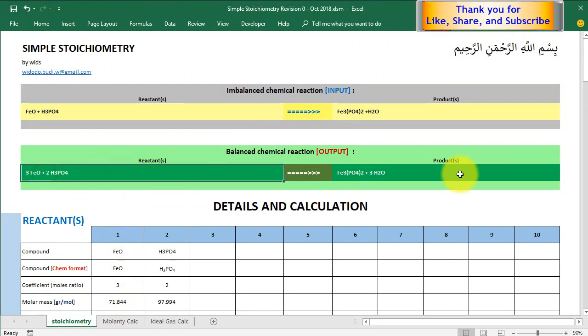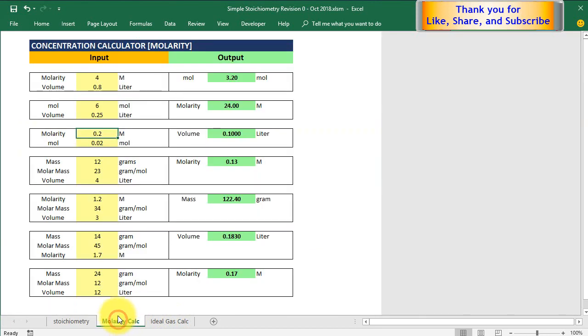And the important thing is the application can detect and calculate by an algorithm of matrix calculation. Alright, before we continue, I'll show you that there's another sheet here. We can use this as a concentration calculator.